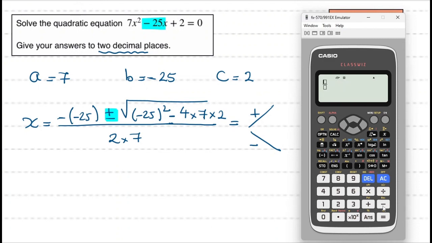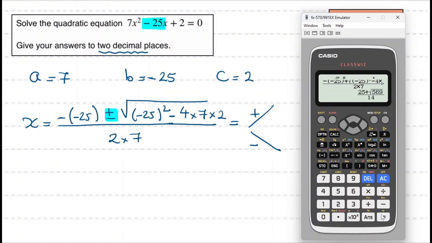And then we use the calculator, fraction button, minus brackets minus 25 brackets closed, plus square root of brackets minus 25 squared minus 4 times 7 times 2, and at the bottom of the fraction we have 2 times 7.